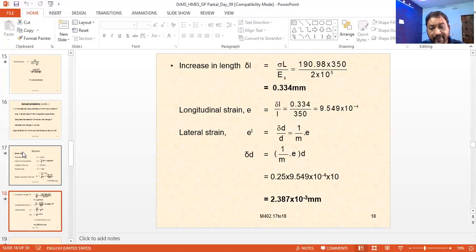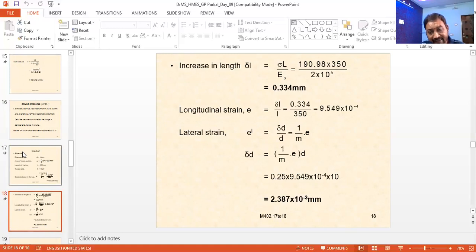Next, we have to find out the longitudinal strain and also the lateral strain. So first we will find out the longitudinal strain. Longitudinal strain e is equal to change in length by original length.